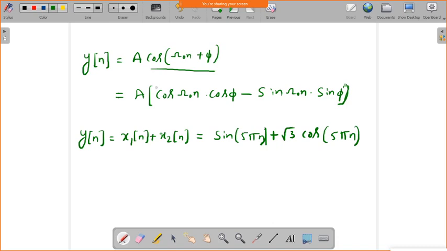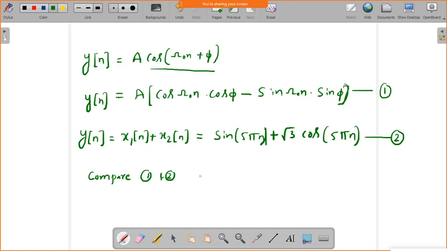Okay, so now you compare this one with the equation of this one. Whatever y of n you are getting in equation 1, say for example if I tell this is equation 1 and equation 2, compare 1 and 2. If you compare 1 and 2, what will happen?